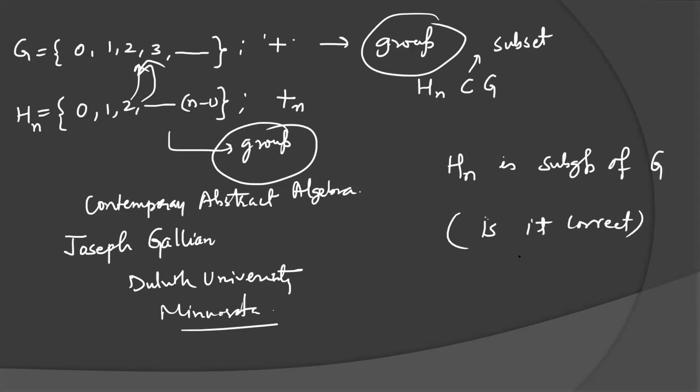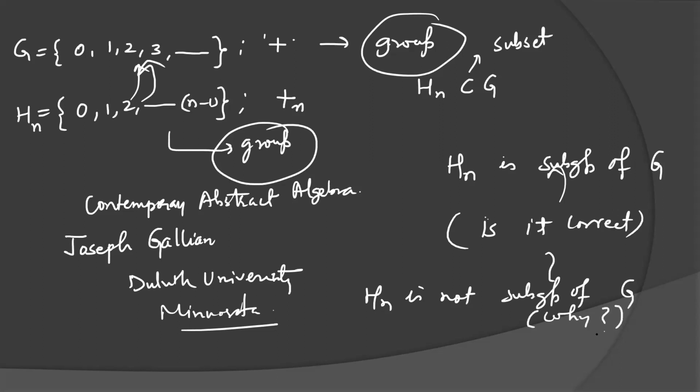Okay. So is my claim correct? No, my claim is not correct. Hn is not a subgroup of G. Why? Can you tell me? Just ask yourself. Because the binary composition is different here. In the first case, the binary operation is ordinary addition, but in the second case, it's a modulo addition.